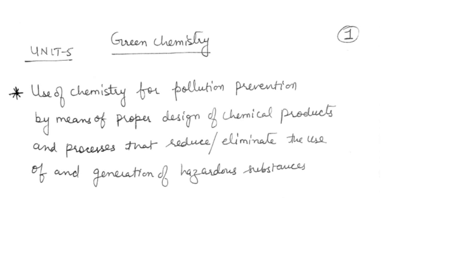How can you use it? It can be by means of the proper design of chemical products and processes which can reduce or eliminate the use and generation of hazardous substances, which are toxic substances.